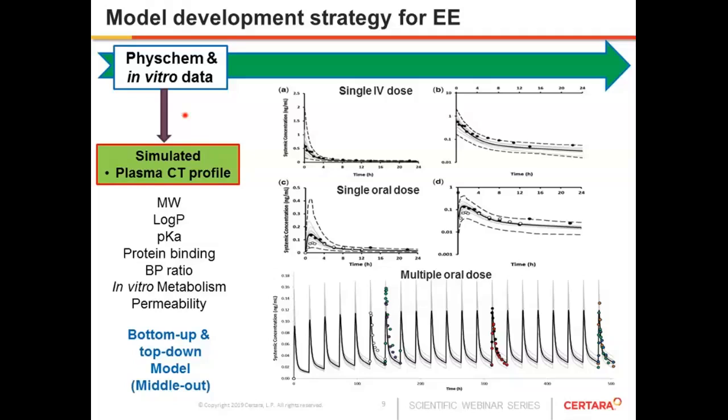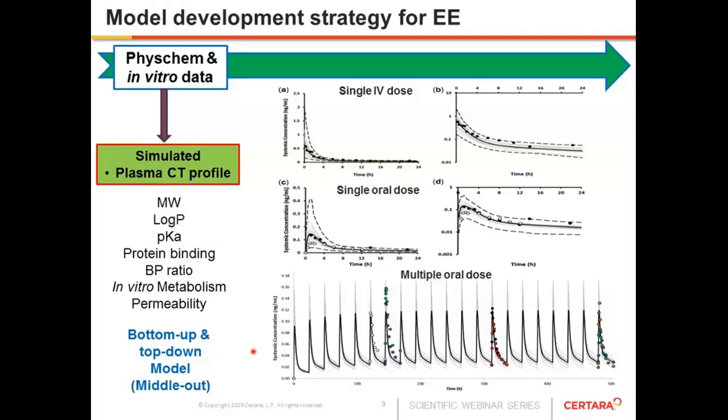So in this case, we needed to combine the bottom-up approach with a top-down approach. In this top-down approach, you utilize clinical data. Now, the clinical data gives you an idea of the total clearance of your drug. So by having the total clearance and then accounting for specific pathways, you can subtract the accounted-for pathways and determine what the unexplained clearance will be in this instance.